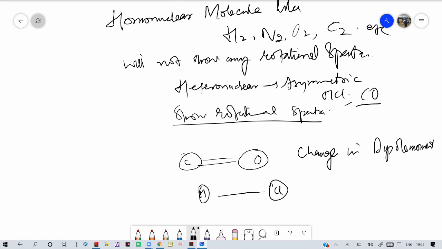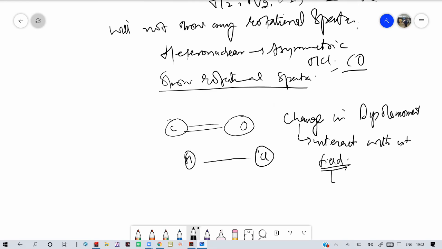Due to this change, the dipole moment will interact with an external field, and this external field is provided in the form of electromagnetic radiation, electromagnetic waves. The energy range in which the rotation of a molecule happens, or the rotational spectra can be observed, falls in the microwave region.